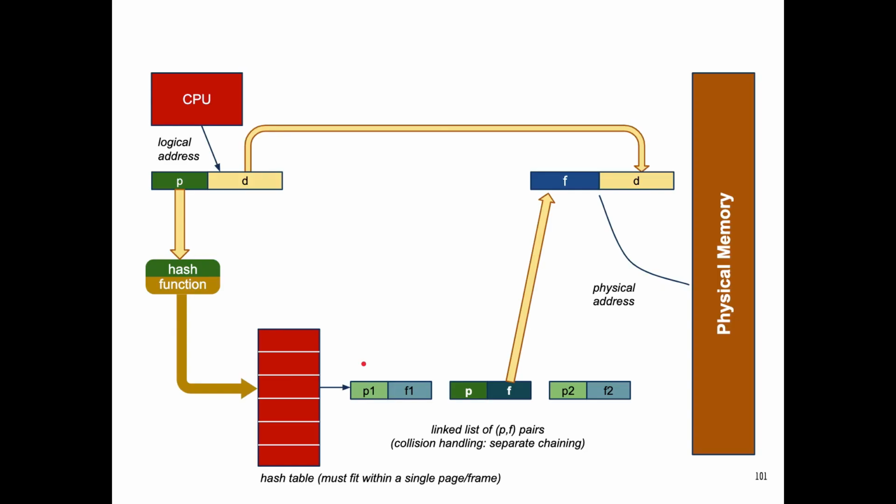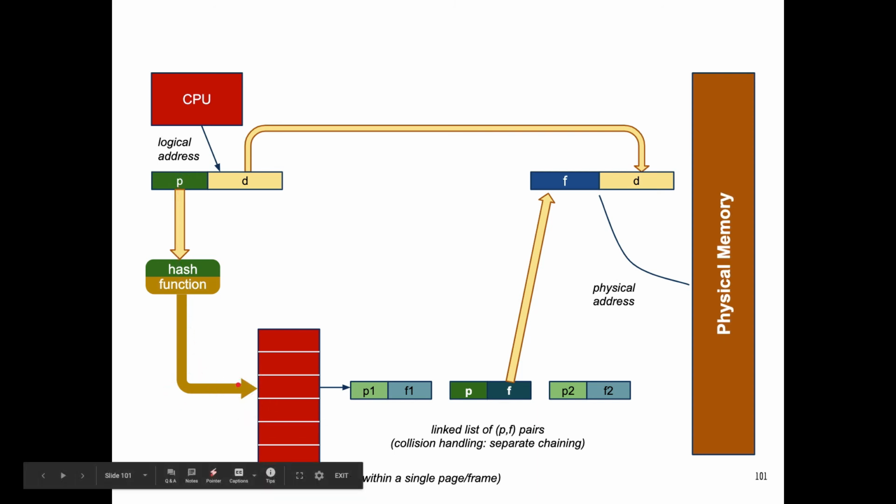Implementation of a hash table requires a hash function. Recall from your data structure course that the purpose of the hash function is to convert content to an index into the hash table. In our case, the content is the page number, and we want to convert the page number into an index into this array.